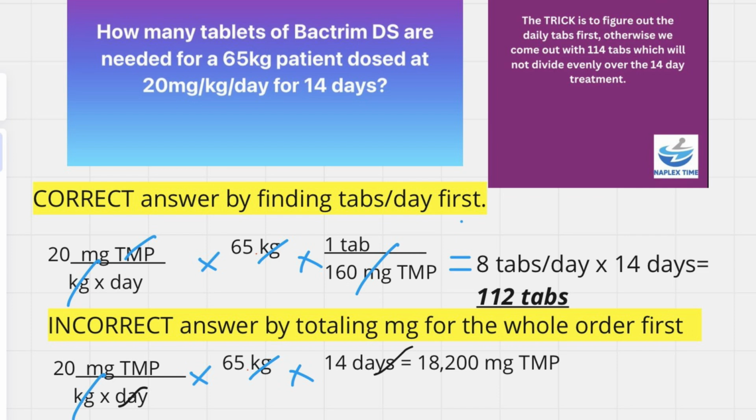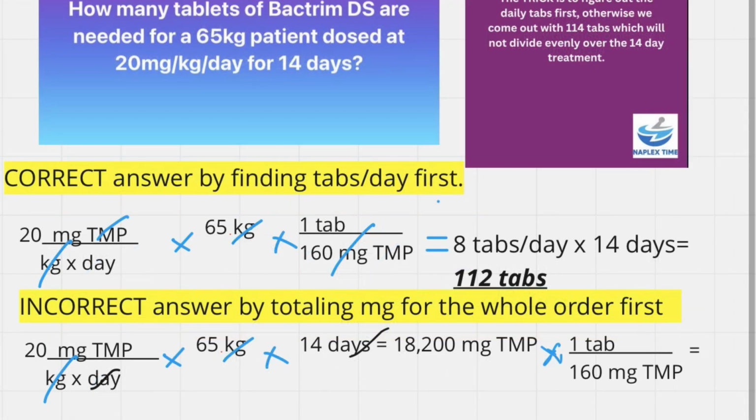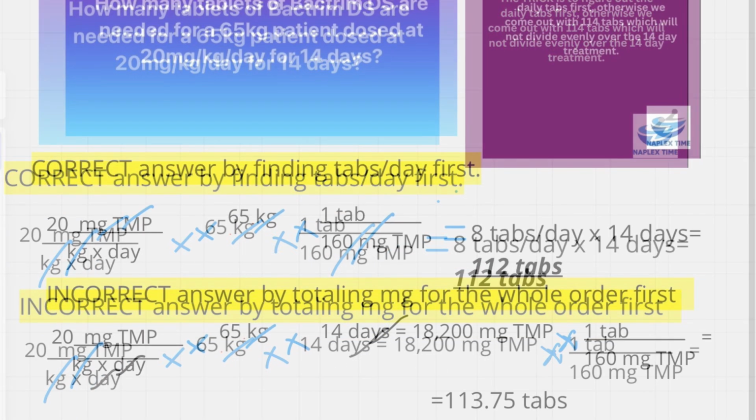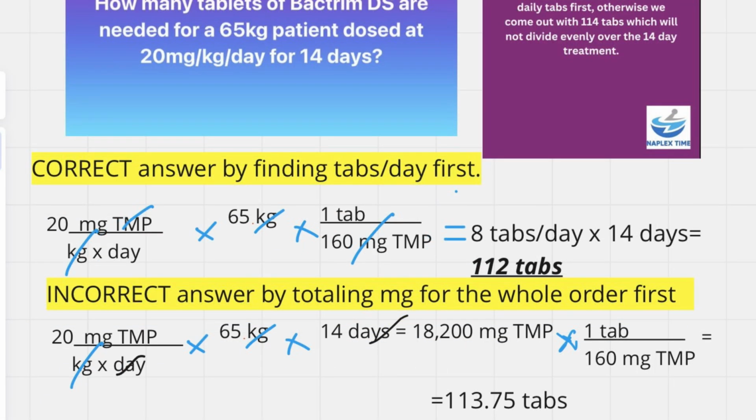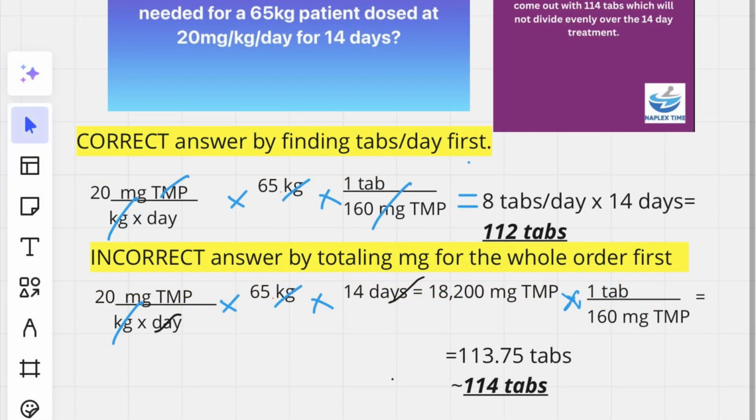To give you an example of what happened, they took 20 milligrams per kilogram per day times 65 kilograms times 14 days, finding the milligrams of trimethoprim for the entire order. Then they divided by the 160 milligrams of trimethoprim to get 113.75 tabs and then rounded it to 114 tabs.